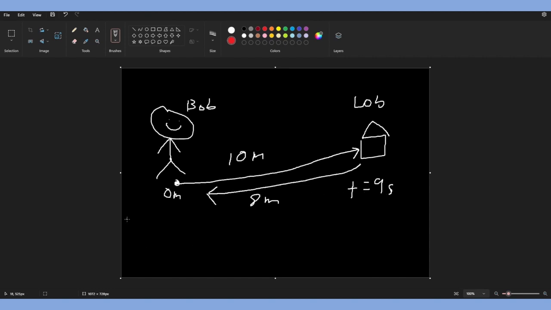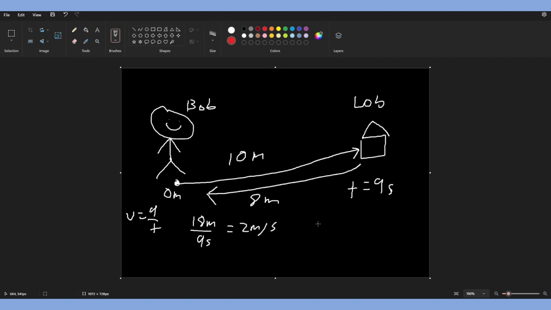Now let's find the average speed. Our formula would be v equals d over t, and then there's 9 seconds, and we add these two numbers, 18 meters, that will be 2 meters per second.